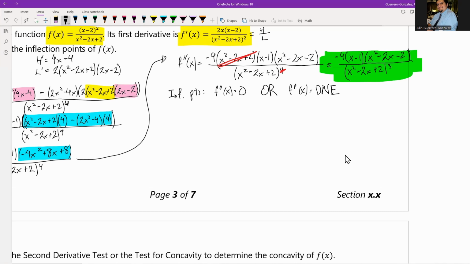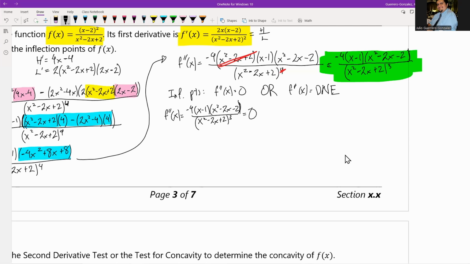So we have a fraction, so f double prime of x is minus 4 times x minus 1, x squared minus 2x minus 2 all over x squared minus 2x plus 2 cubed. I need this equal to 0. Okay, we know how this worked out before, right? If we have a fraction equal to 0, the top's got to be equal to 0. That's the only way we can get it equal to 0.